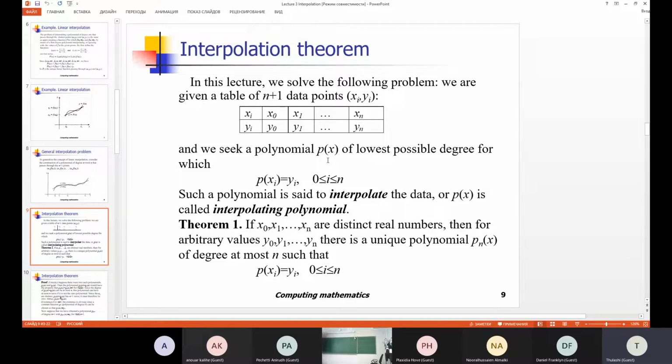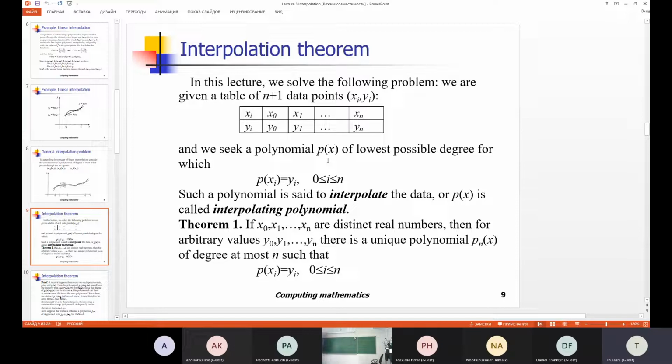But which polynomial has the lowest degree among all of these polynomials? The linear polynomial. It's a polynomial of lowest possible degree. And the problem of interpolation is not to find any polynomial, but the polynomial of lowest possible degree that passes through these 2 points.